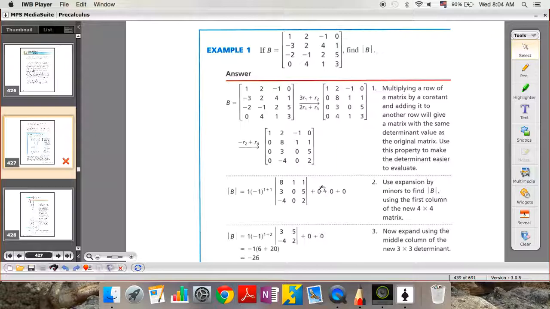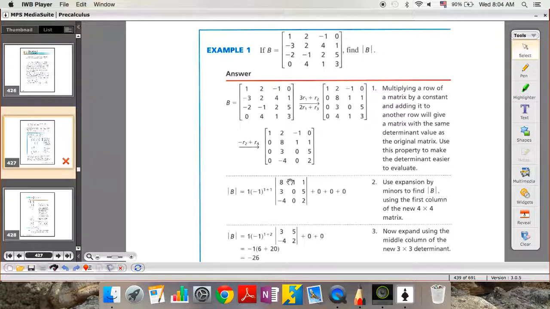So the point is that if you can rearrange your matrix using Gaussian elimination techniques so that you have a lot of zeros, then it makes it really easy because your cofactors are zeros. So we've got this cofactor here that we have to multiply, and then we've got 0, 0, 0 because we expanded along this column.